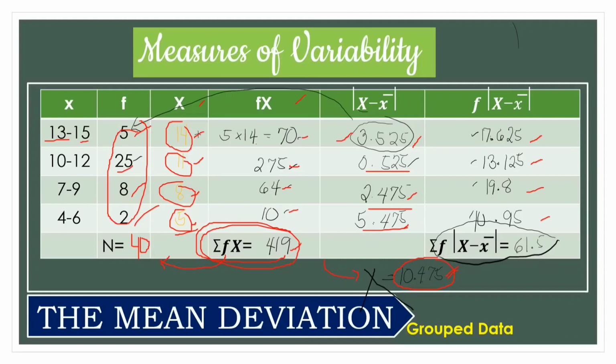We add all of those to obtain this, and the sum is 61.5. By completing this table, we can obtain the necessary information, which we will substitute into our formula.